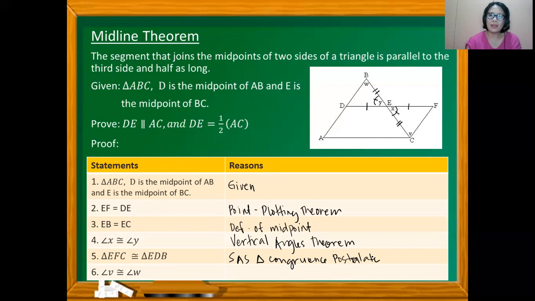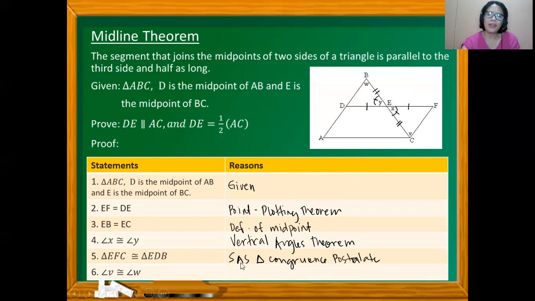Now, SAS triangle congruence postulate states that when two corresponding sides of two triangles and an included angle are congruent, we can conclude that the two triangles are congruent.